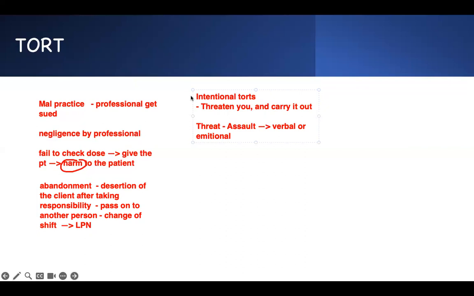Okay? Client refused medication and you said, if you don't take it, I'm going to shove it in your mouth. You still have not touched them. So that's the spoken words, it's just the assault. That's the threat you give to them.